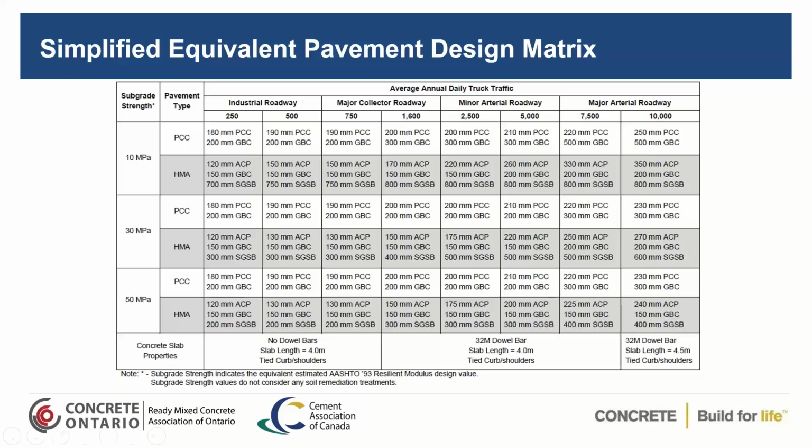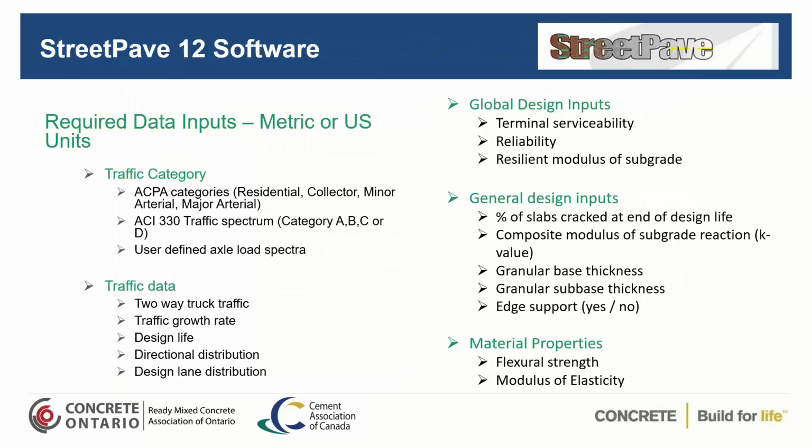So what it does, it allows you to look at if the strength of my subgrade is in one of these 3 ranges and look at the traffic that we're dealing with, it'll give you an estimated pavement structure for the concrete and a pavement structure for the asphalt. So you'll know, if you're dealing with equivalent pavement designs, what you're looking at when comparing one pavement structure versus another.